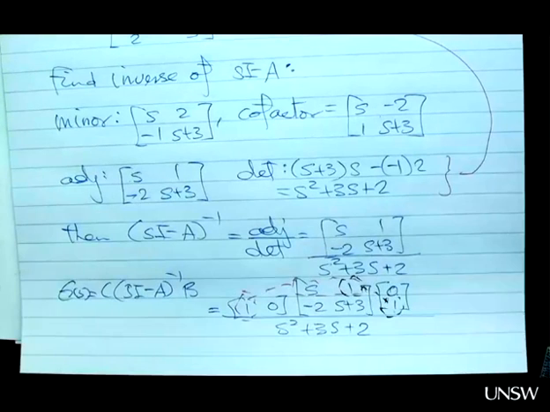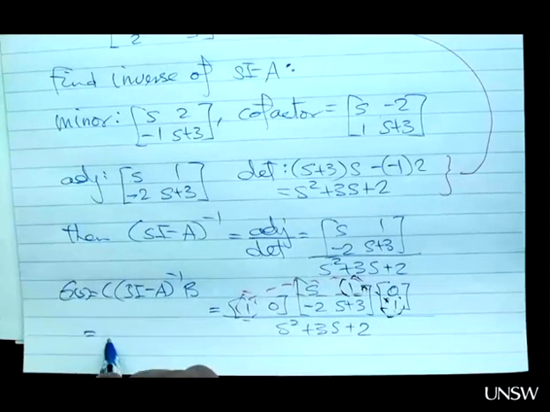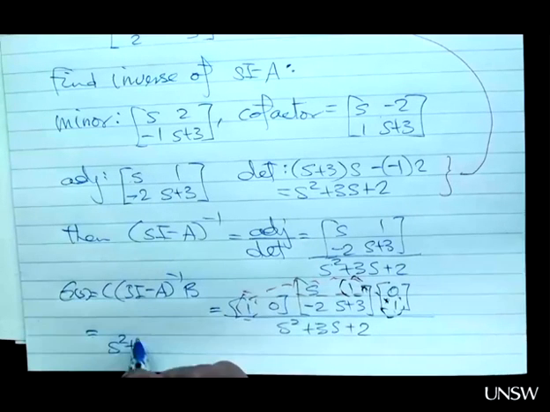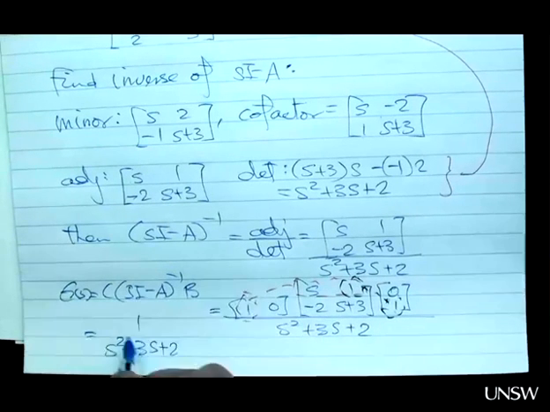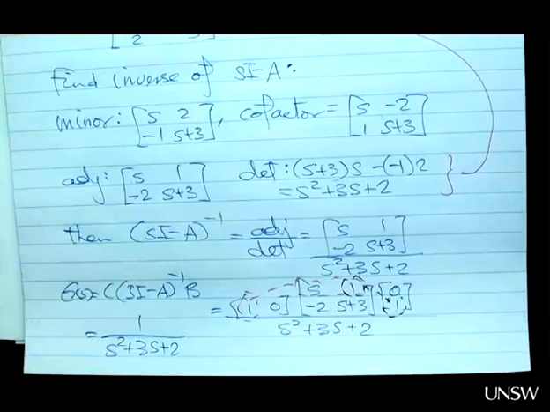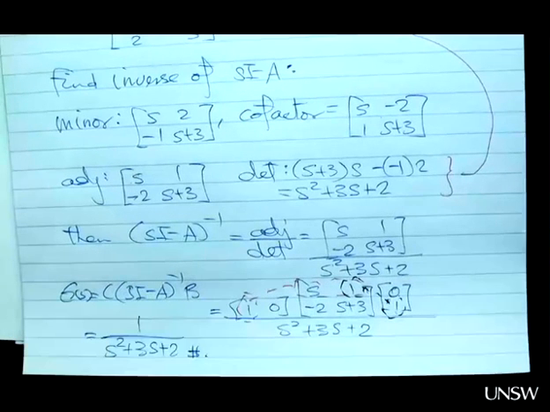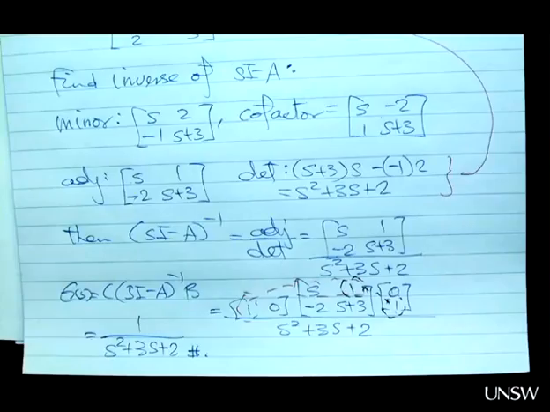So finally, the transfer function is 1 over the determinant. So for this example, we have this transfer function from the state space equation.